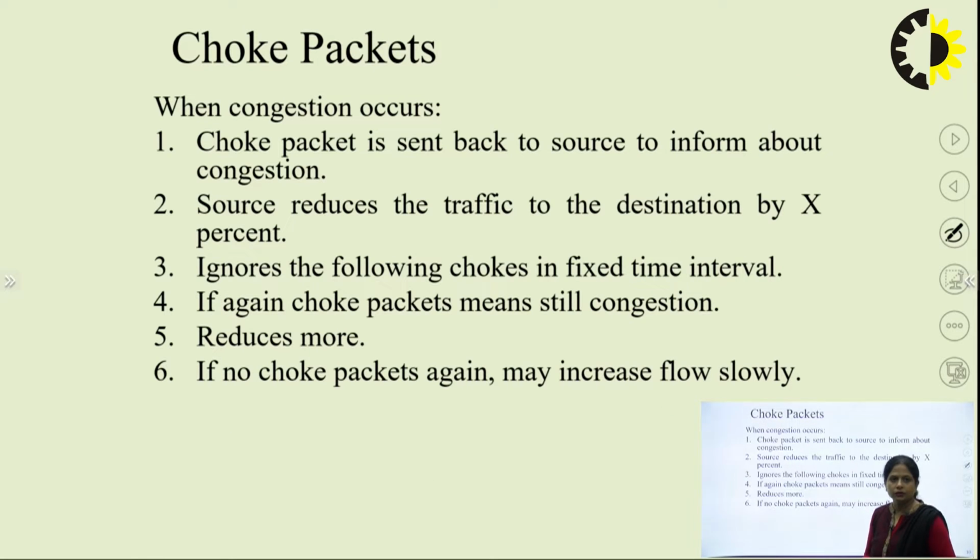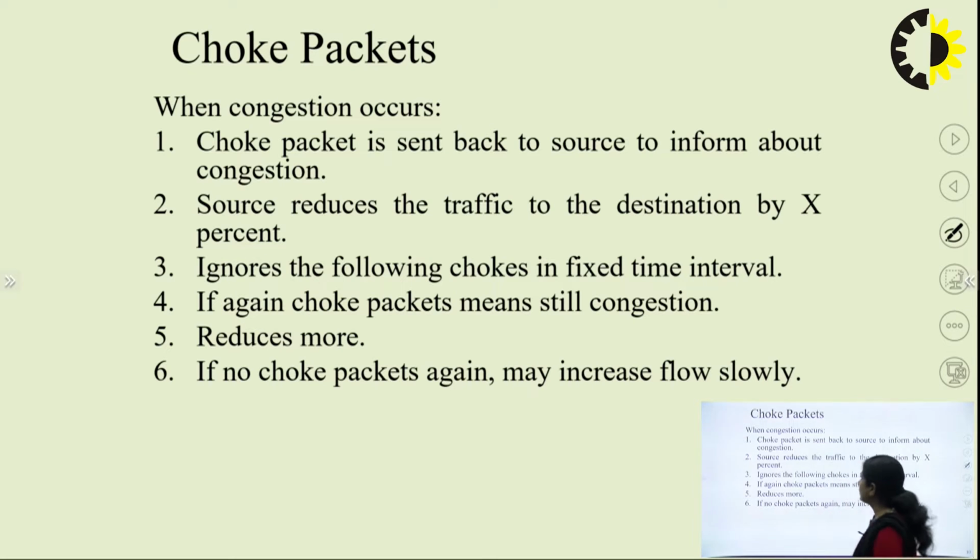Another method we have is choke packets. What is a choke packet? It is some sort of a messenger which informs the sender that congestion has occurred and that it needs to control the speed or rate at which it is transmitting the packets.